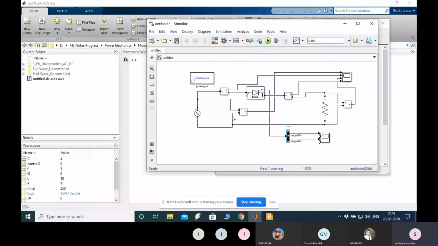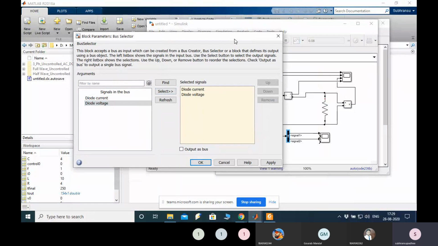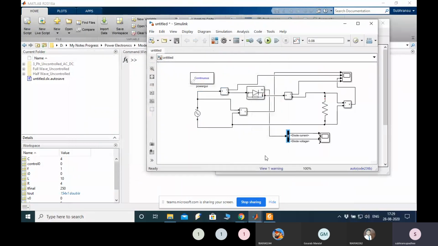Double click on the bus selector, remove this thing, diode current, diode voltage. Okay, let's run it.